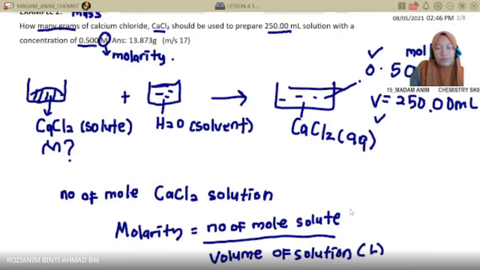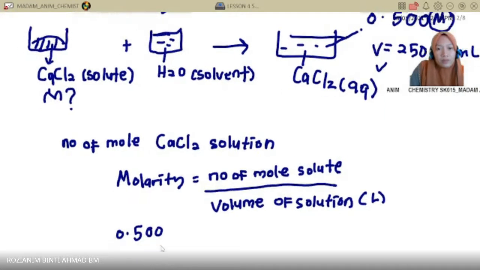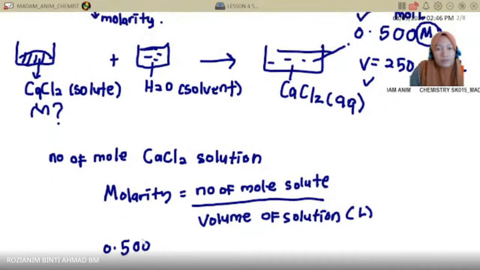Okay, so what happened here? We substitute the data from the statement solution. Kita nak mole. So molarity is equal to 0.500 mole per liter equal to target kita nak cari mole.